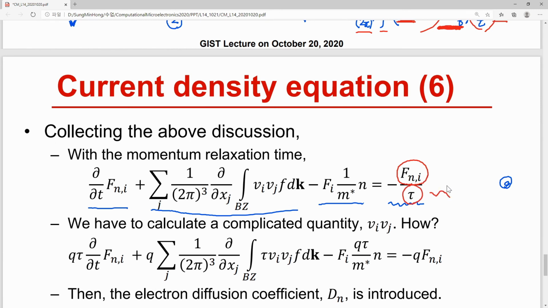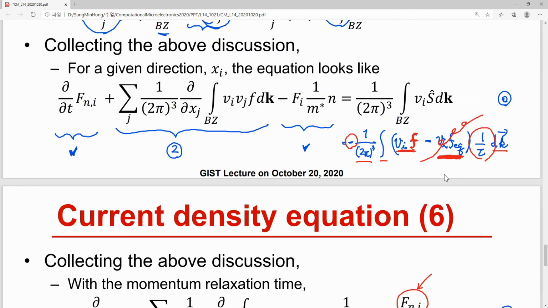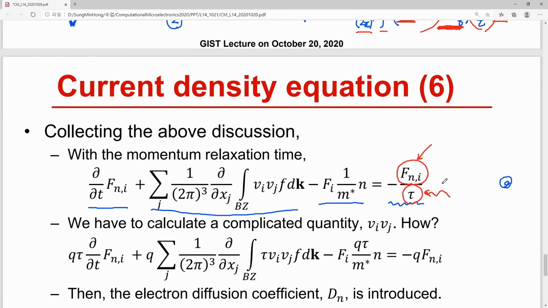This tau, the relaxation time, can be modeled. I mean that we can introduce certain reasonable numbers into it, and also this f_n, the electron flux, is our quantity of interest. Previously, our scattering term was really difficult to deal with. However, now this simplified form is easily accessible to us.